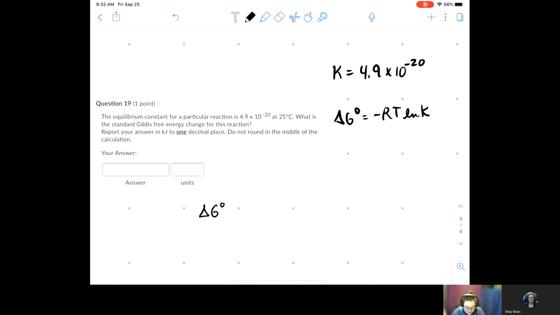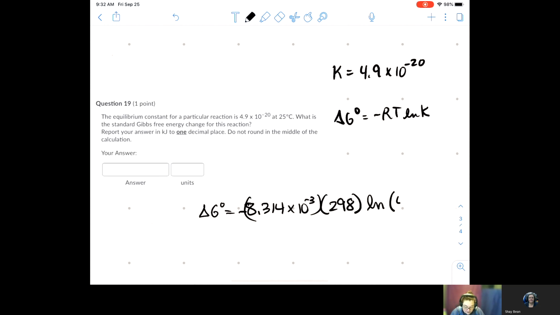And so delta G naught equals negative 8.314 times 10 to the minus 3 times 298 Kelvin. Your K is unitless. I think we talked about that earlier. Your delta G is in kilojoules. This kilojoules per Kelvin on R cancels with the Kelvin on 298.